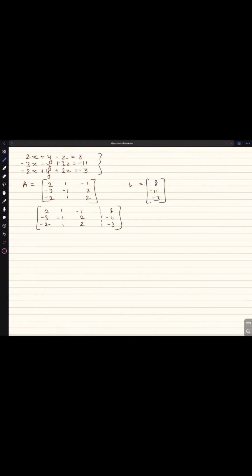So divide the first row by 2. That gives us this matrix. And everything else remains the same.